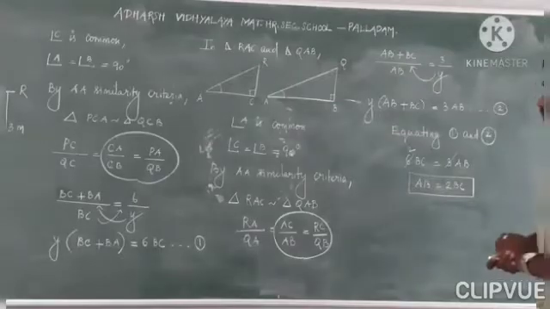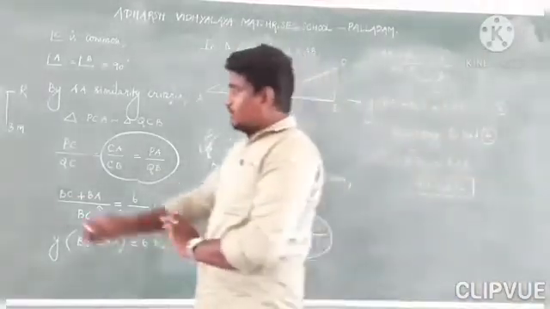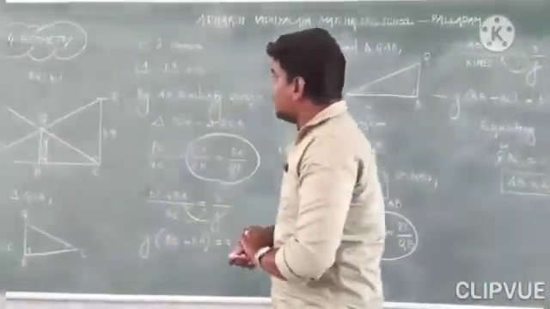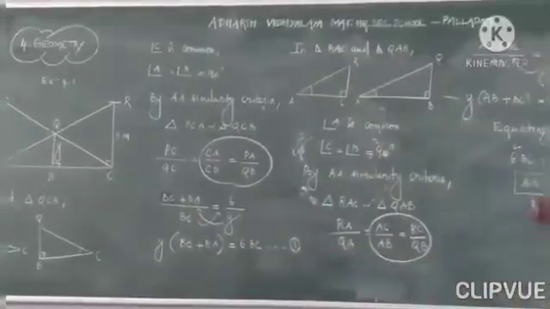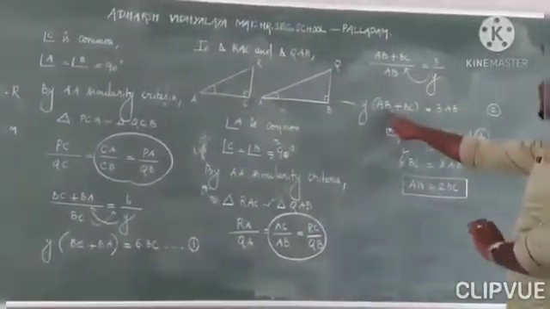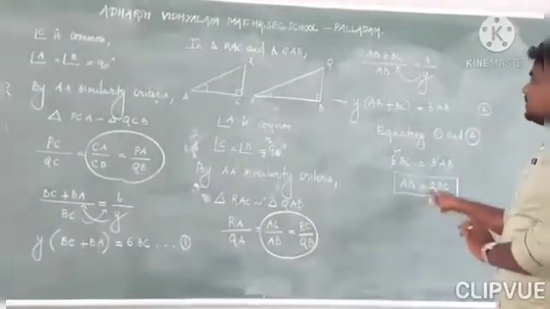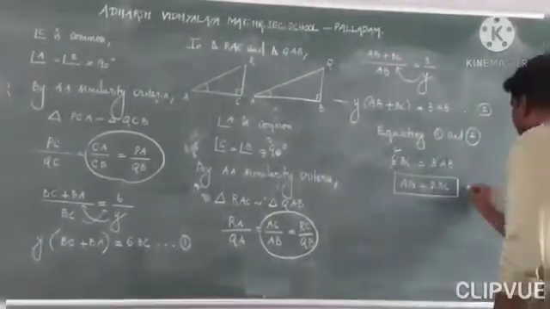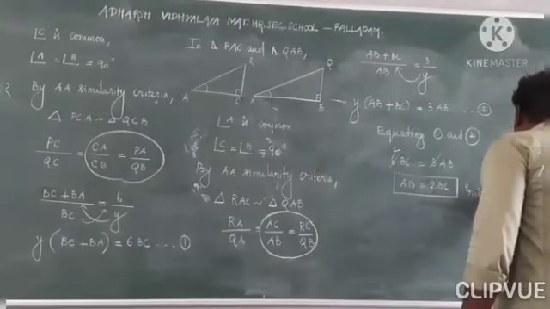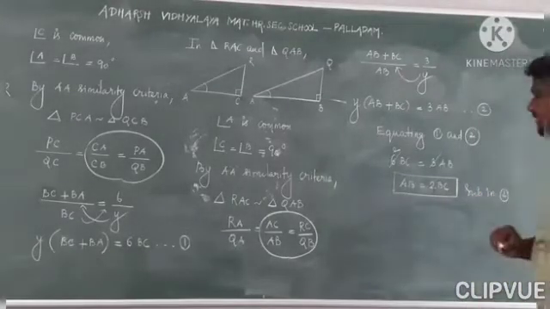Now we are going to find the value of Y. Better we take this equation and substitute AB equal to 2 times BC in equation 2.